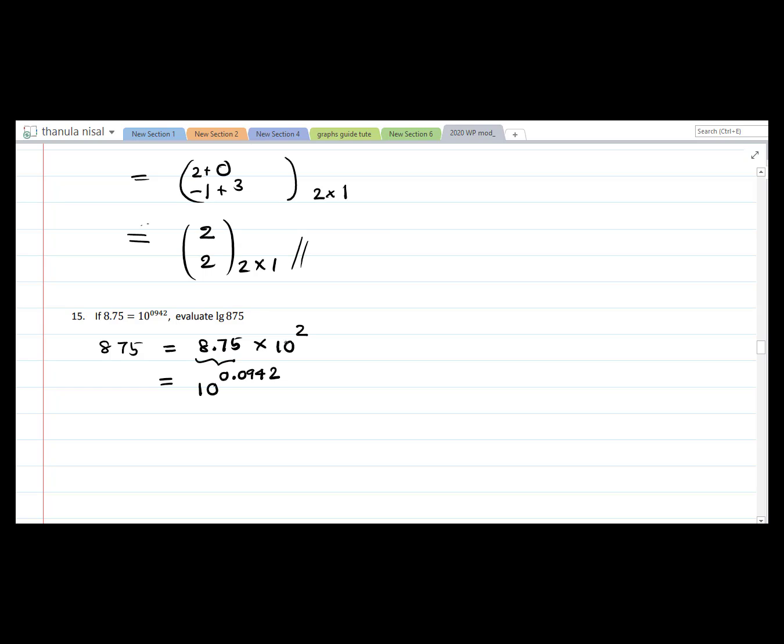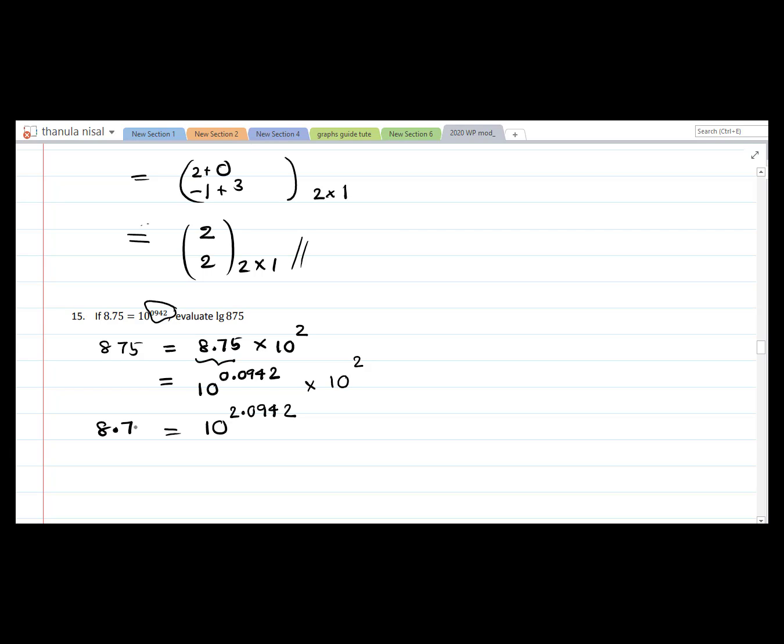I hope there's a mistake actually. Check whether in your logarithmic table this value 8.75 might be 9.42 or something. But I'm going to write according to this result. Check with your logarithmic table. There should be another value rather than this. Therefore, the final value is 2.0942.